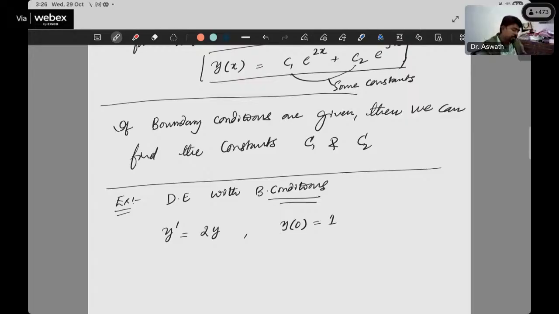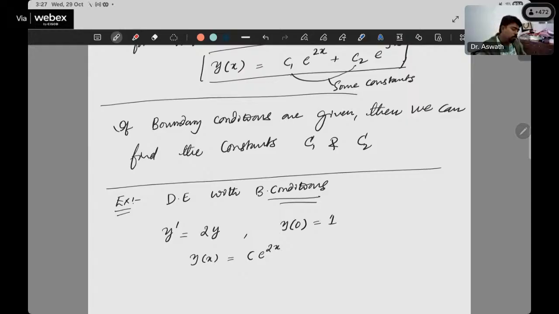Now, as you can see, it's a linear differential equation. Straight away, you can plug in; the differential equation will have solutions of some constant times exponential mx, and from there you can find out the solution of this differential equation is c into exponential 2x.